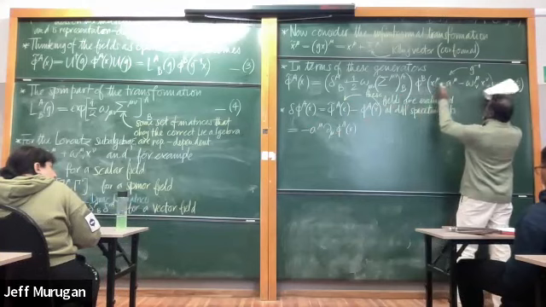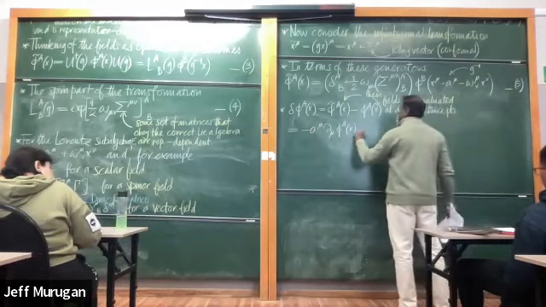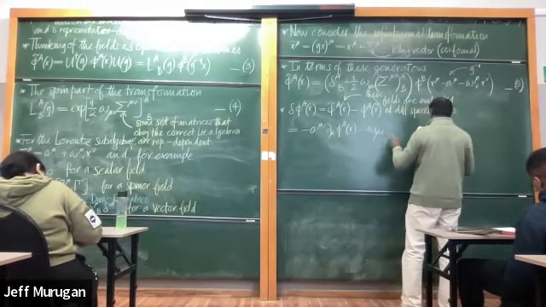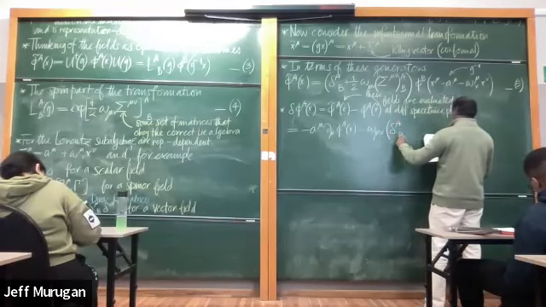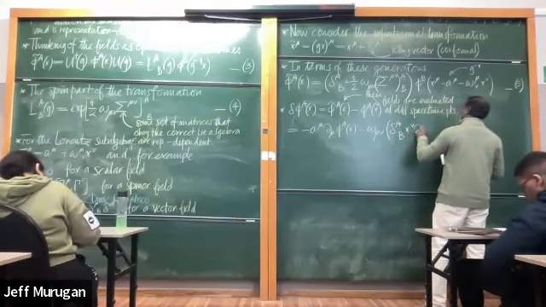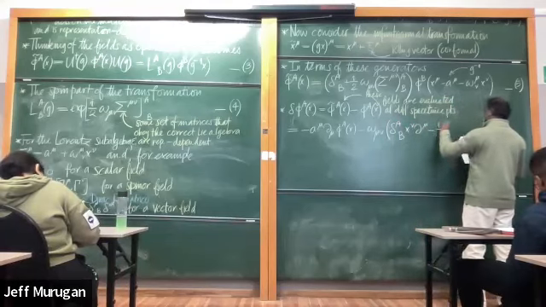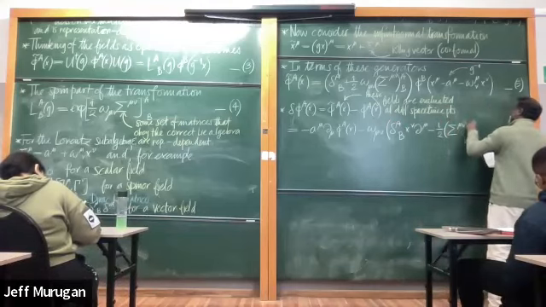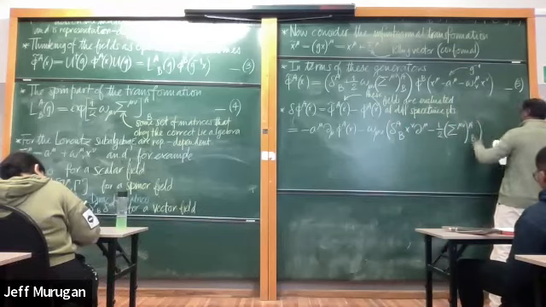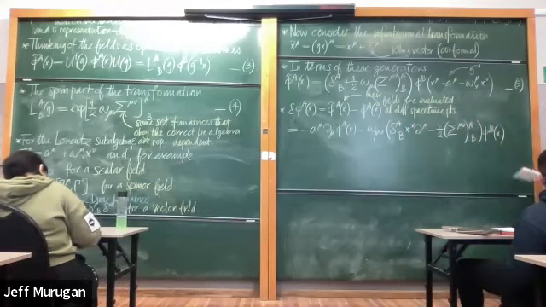Then minus omega mu nu delta A x nu d mu, minus i over 2 sigma mu nu AB acting on phi B of x.